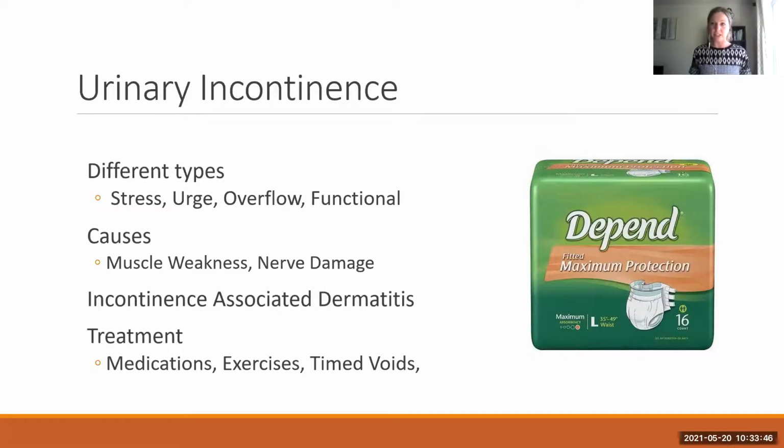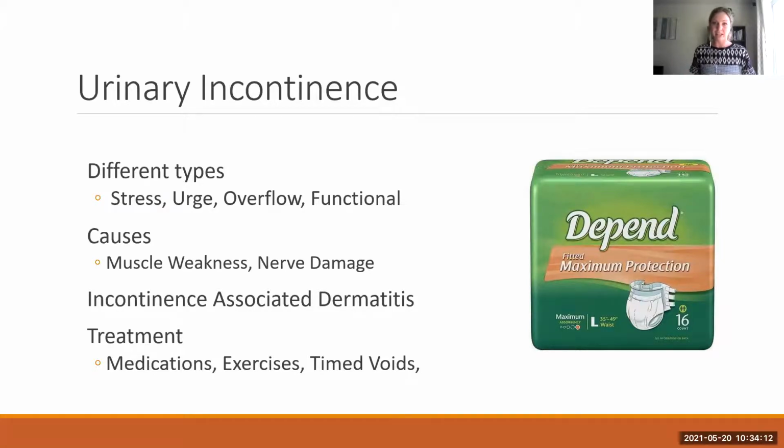This is when somebody leaks urine in a high stress situation on the body, like jumping on a trampoline, laughing, or vigorous exercise. That puts pressure on the bladder, and if somebody can't hold their urine, that's stress incontinence. Urge incontinence is if you feel like you have to urinate and then you cannot make it to the bathroom in time.